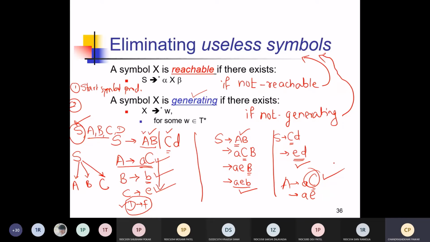Now we considered the example of non-reachable, where D is non-reachable. Now we will consider another example, the example of not generating. I just write down one grammar over here to show what is not generating.